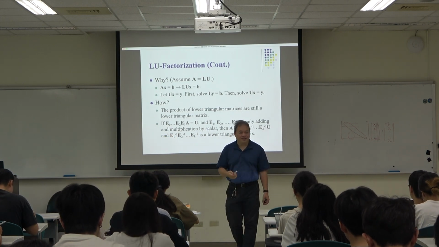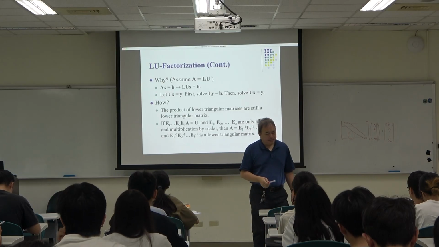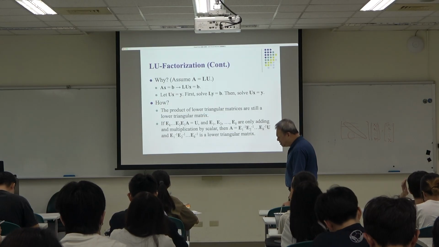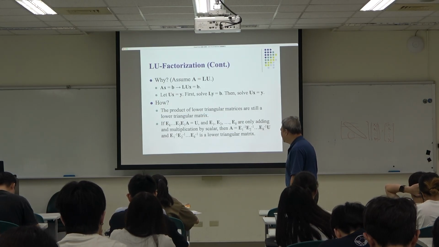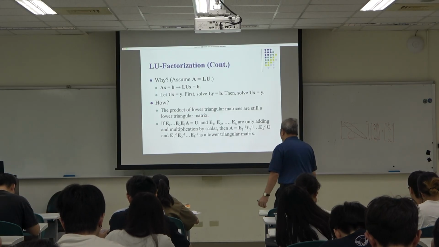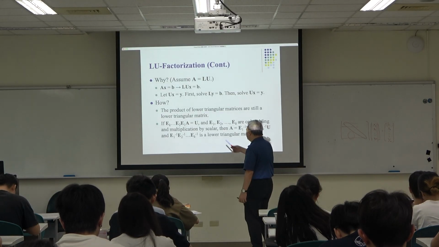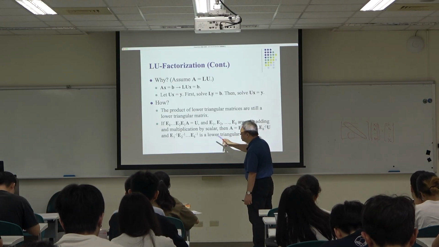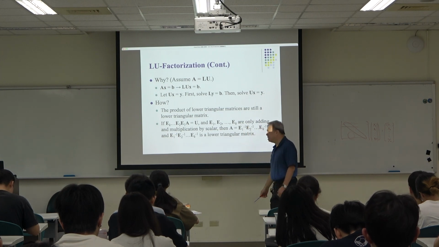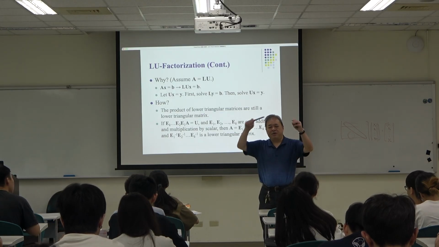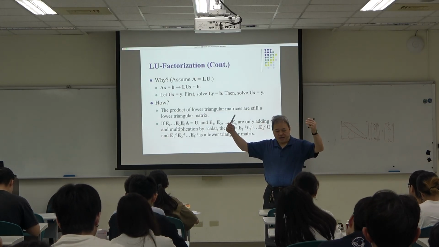According to our discussion last week. If you look closer at those E_i, E1, E2 to EK, if those elementary matrices are only addition and multiplication by a scalar. Addition means you multiply a row by something and add to another row.